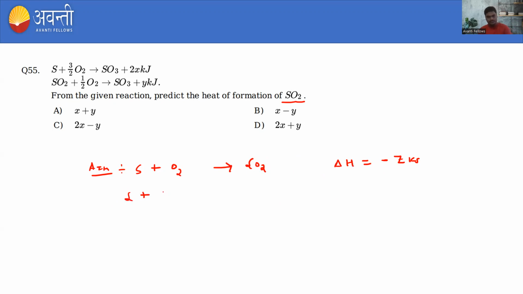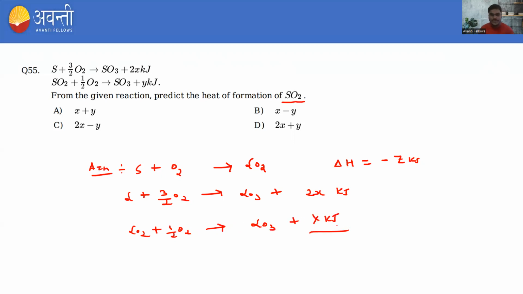We have S plus 3 by 2 O2 gives us SO3 plus 2x kilojoule, and SO2 plus half O2 is equal to SO3 plus y kilojoule. Now you have to identify this.